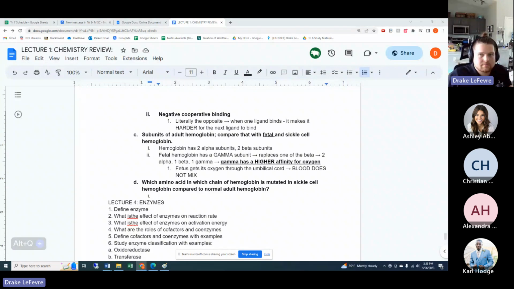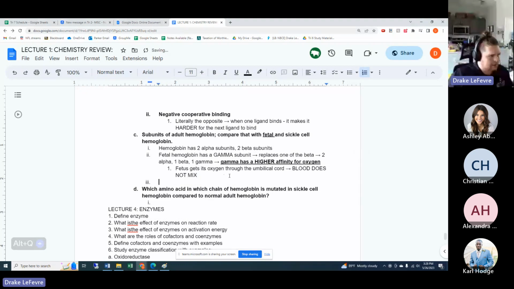Sickle cell hemoglobin. This one I don't remember. The only thing that I have written down that I remember from sickle cell is sickle cell anemia or sickle cell trait.